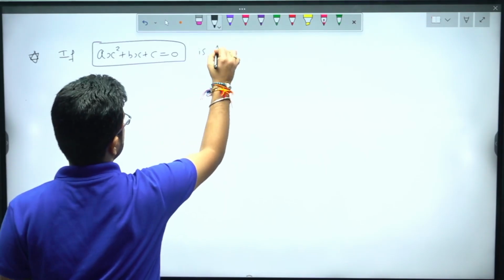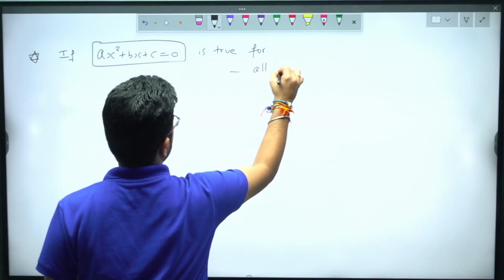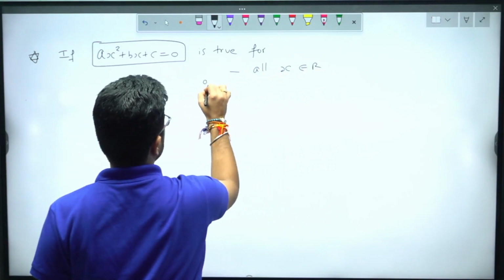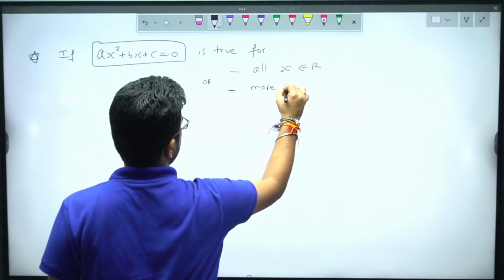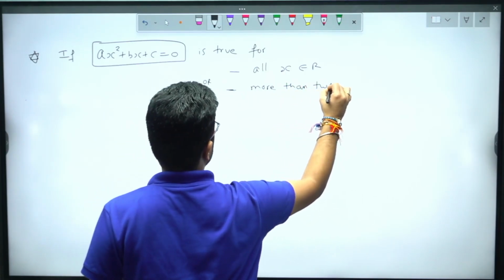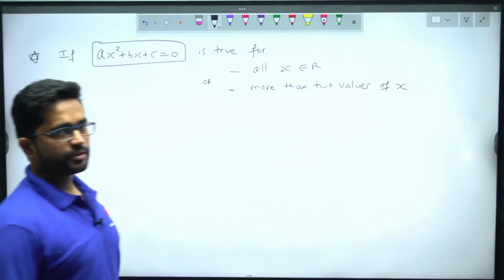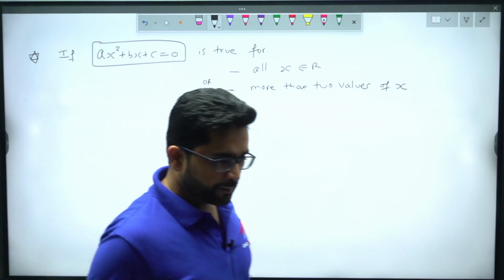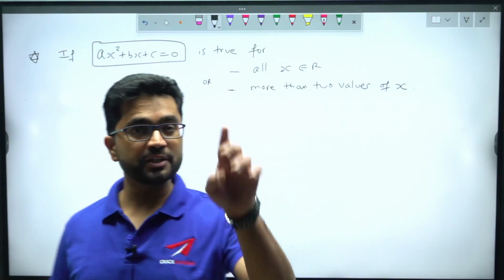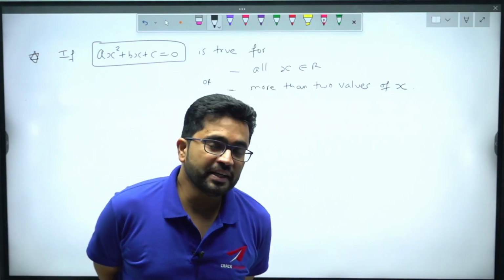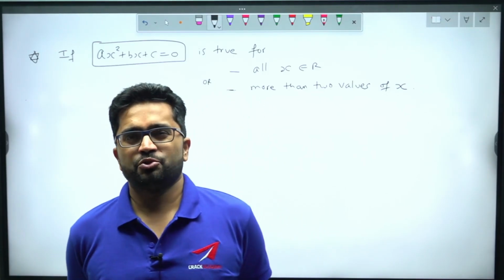If this is true for all x belongs to real number, or this is true for more than 2 values of x. If somebody comes and says, I have a quadratic equation which is valid for more than 2 values of x, we'll say no, that is not true.